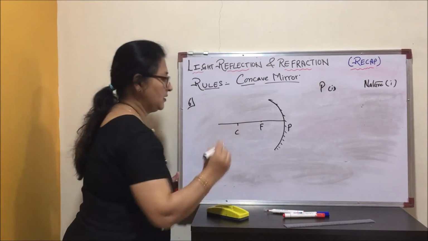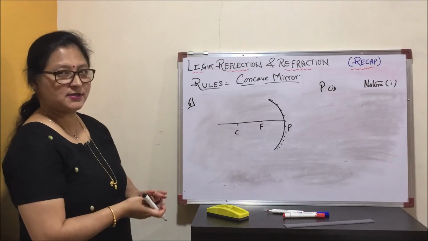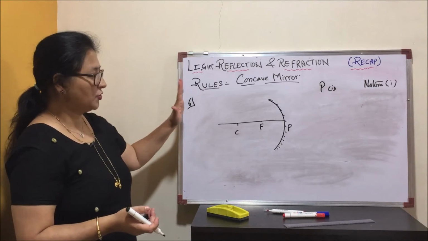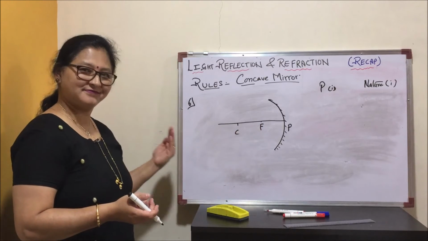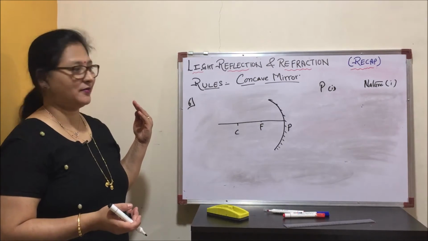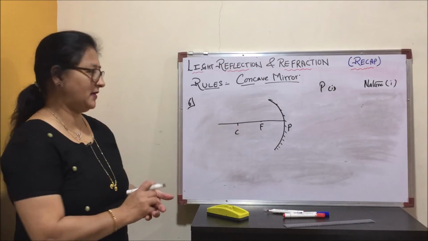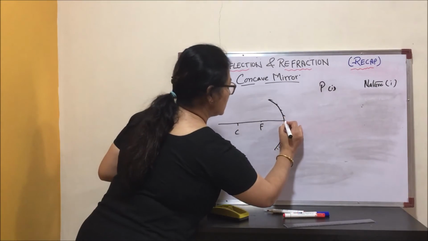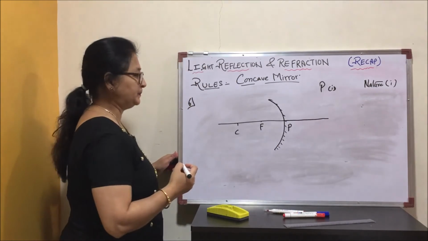Okay, center of curvature, focus and pole. You are seeing the object is coming towards the mirror, and the images are going away from the mirror, right? In the last 5 diagrams. Here the story will be different, right? So I'll just extend this line, principal axis, right?